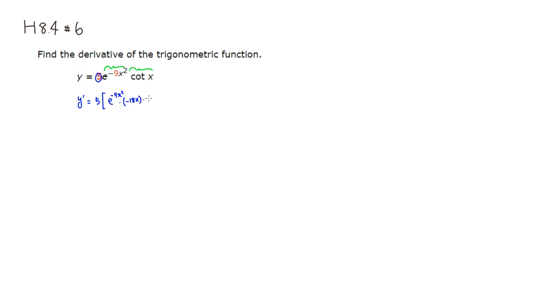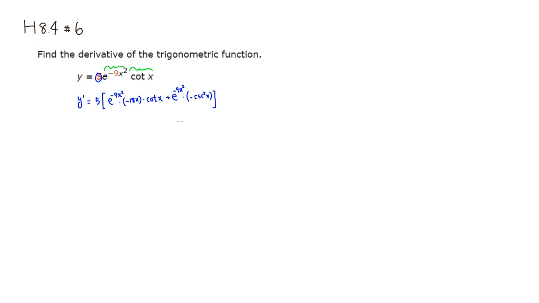Multiplied by second, so you have a cotangent of x, right? Plus, first guy is e to the negative 9x squared multiplied by derivative of cotangent of x would be negative cosecant squared of x. Right, so we got that.